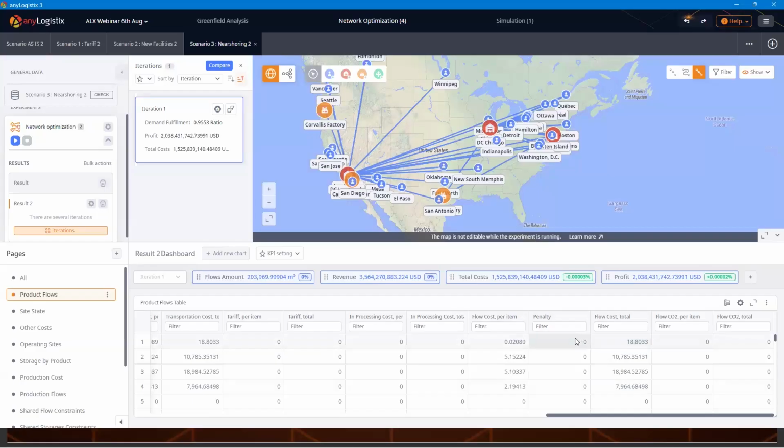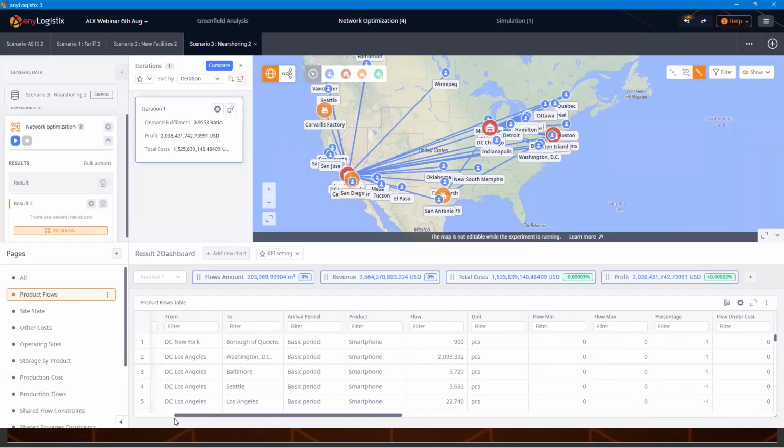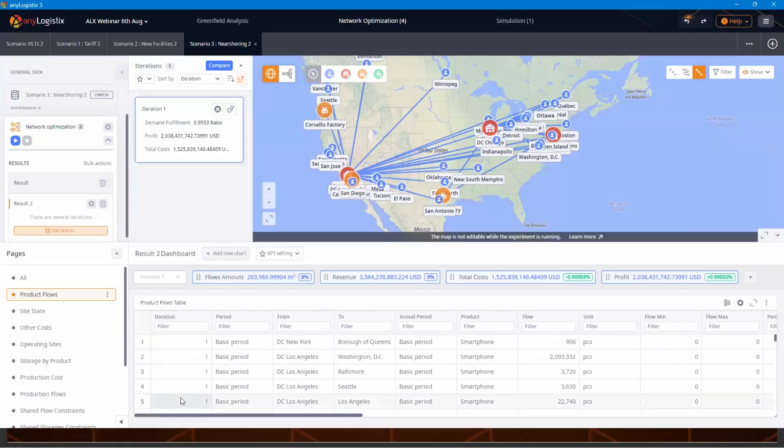So overall, you can see what it costs to deliver a particular product to the customer, and even as a post-processor you can calculate the profit, not just the cost to serve but the profit to serve that customer and that product. All these scenarios you can build, and you can easily navigate from one scenario to another.